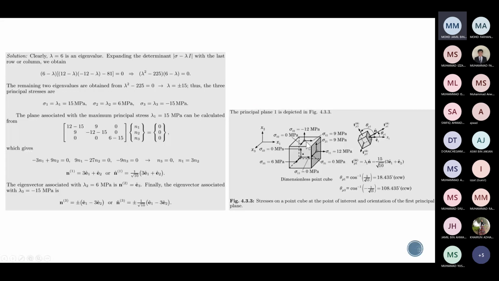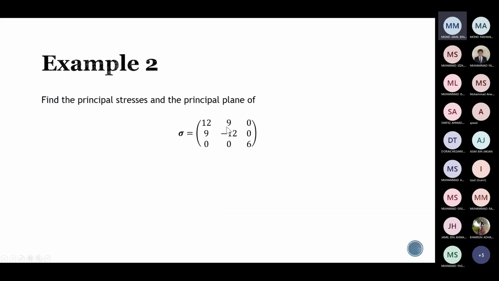If you look at the arrows coming out of the surfaces, the vertical arrow is sigma 22, the arrow here is sigma 33, and this arrow here is sigma 11, with values 12, negative 12, and 6. These values represent the normal stresses, taken from the diagonal values.